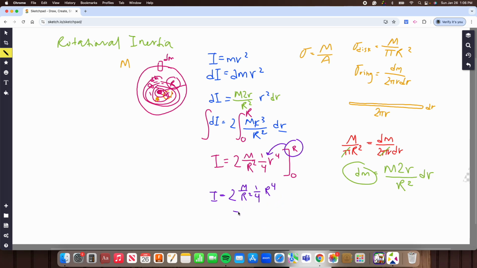Now if we simplify this, the 2 over 4 becomes 1 over 2. The M stays constant, and there are 2 R's on the bottom and 4 R's on the top, so that becomes R squared. And that's how we get the inertia for a solid disk: 1/2 M capital R squared.